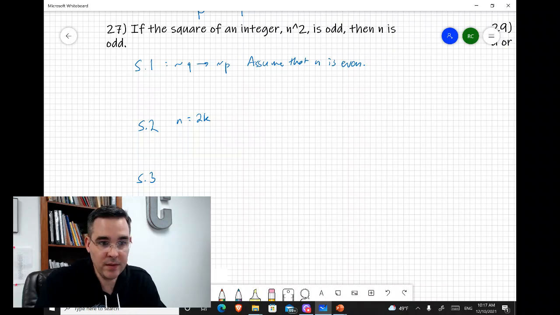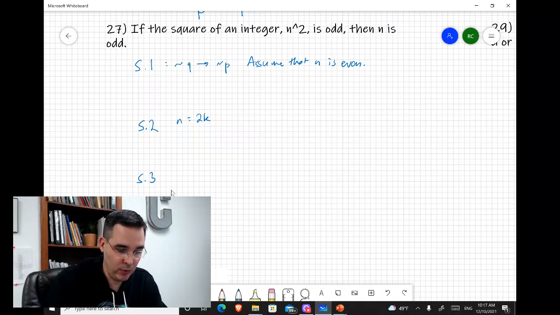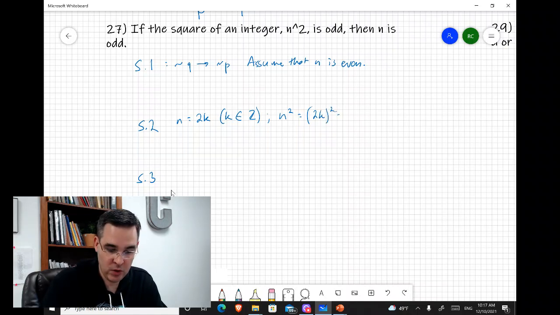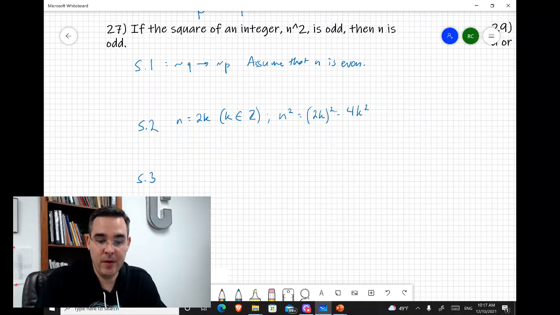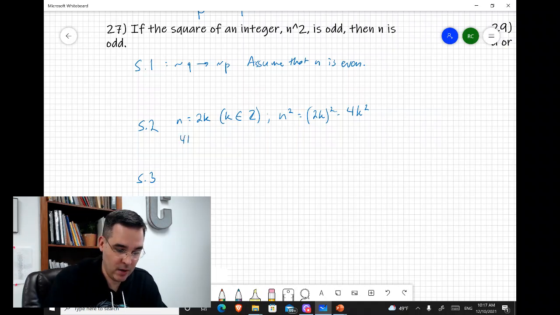So assume that n is 2k, where k is an element of the integers. Then n squared is the same as 2k squared, which equals 4k squared. This 4k squared is going to be even because it's divisible by 2.